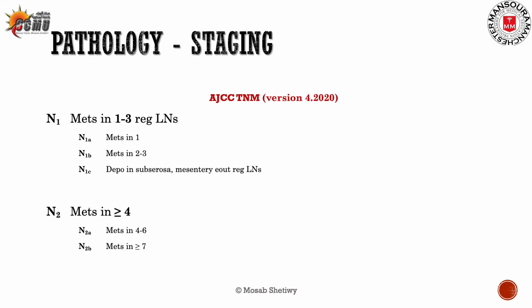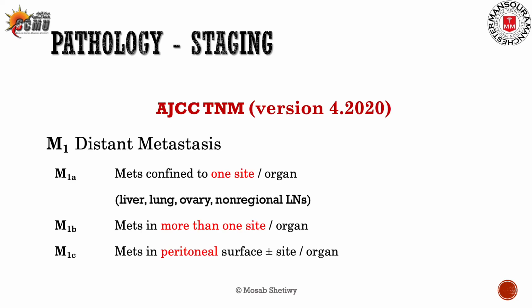As for the N, the lymph node staging, N0 means no lymph nodes affected. N1 means metastasis in 3 or fewer regional lymph nodes, and N2 is metastasis in 4 or more lymph nodes. The M denotes distant metastasis for colorectal carcinoma. M1 means positive distant metastasis.